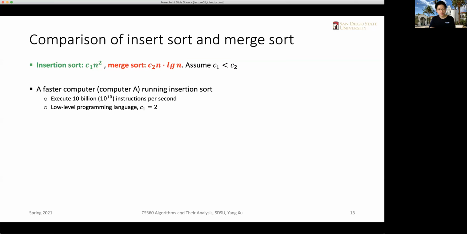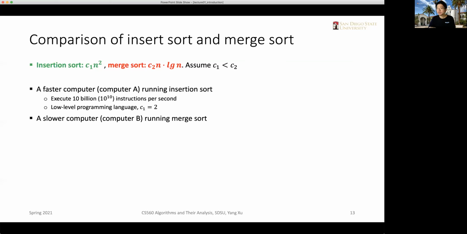And at the low level, we also implement the insertion sort with very quick programming languages, which means the constant C1 is very small. So that's the advantage we give to insertion sort.